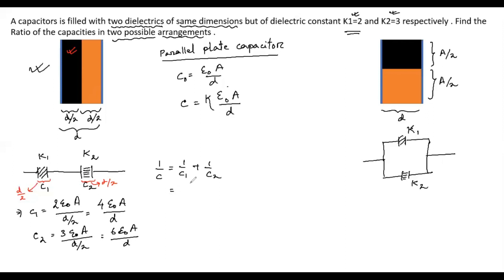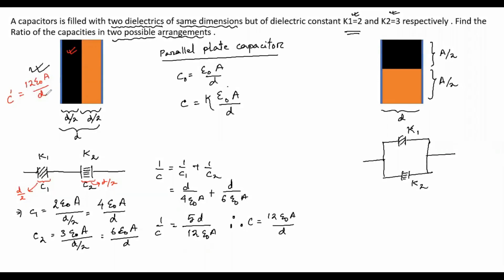So 1 by C1 is going to be d by 4 epsilon naught A. Here it is going to be d by 6 epsilon naught A. If you do the calculation, 1 by C is going to be 5d by 12 epsilon naught A. This gives us a net capacitance of 12 epsilon naught A by 5d.